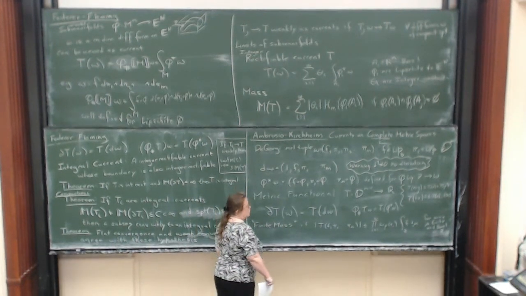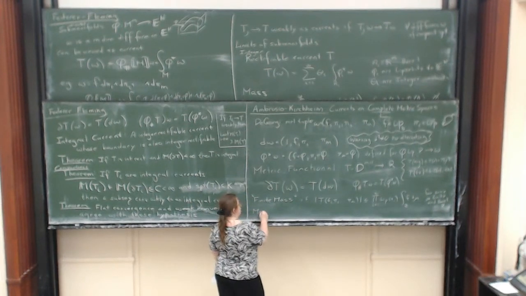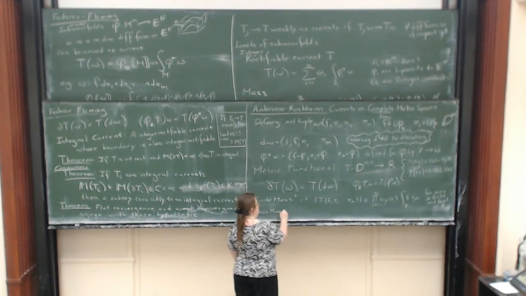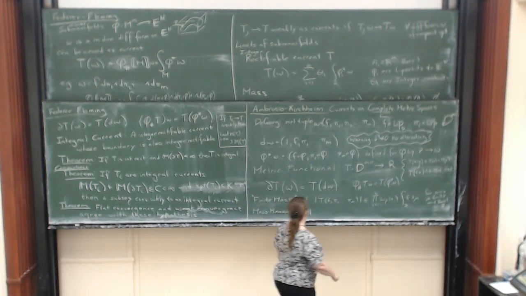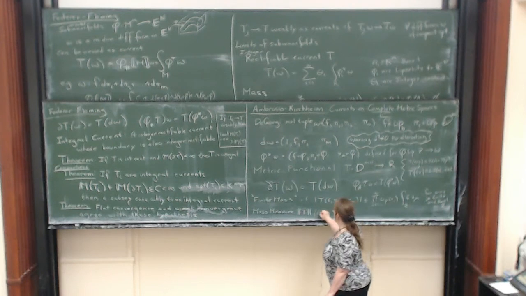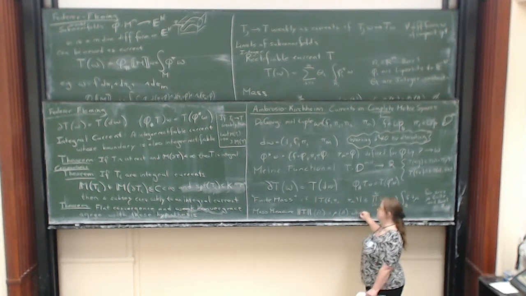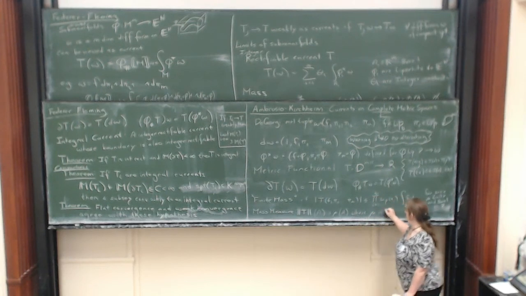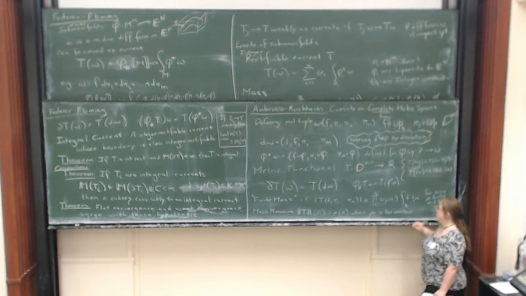All right, so then what is the mass? Well, they define mass measure. The mass measure of T is a measure. It's defined on any set A to equal mu of A, where mu is the smallest measure satisfying this.